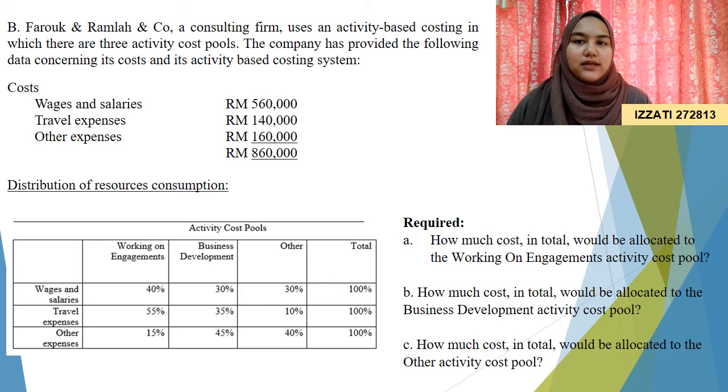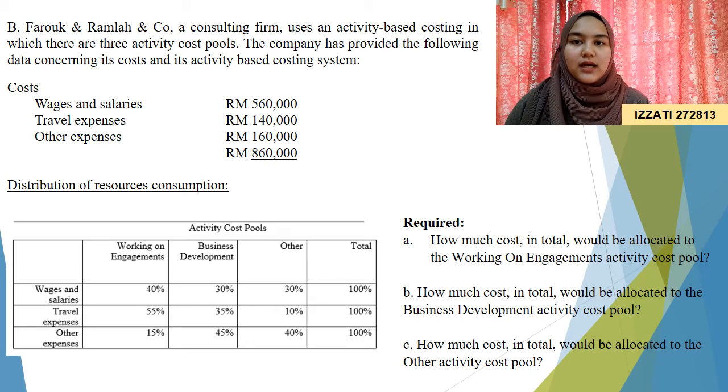As we can see, the table shows all 3 activity cost pools are allocated based on wages and salary, travel expense and other expense by percentage. So the question is, how much cost in total would be allocated to the working on engagement, business development and other activity cost pools?